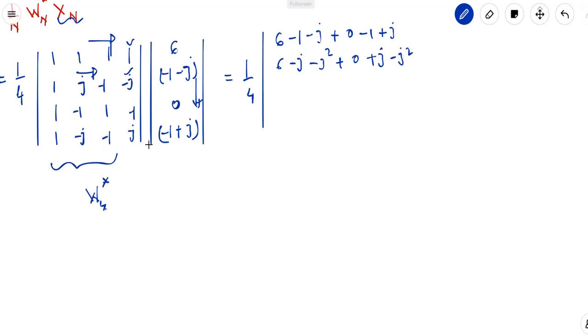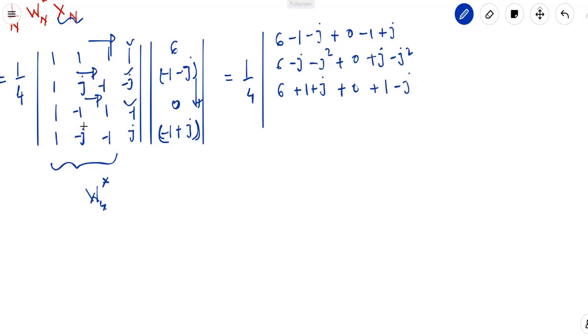Okay, the next is the third row and the column. It is 1 into 6, 6, minus 1 into minus 1 plus 1, minus 1 into minus j, so this becomes plus j. The next value is 0, and this value has to be multiplied with this value, so minus into minus becomes plus 1, and this becomes minus j.